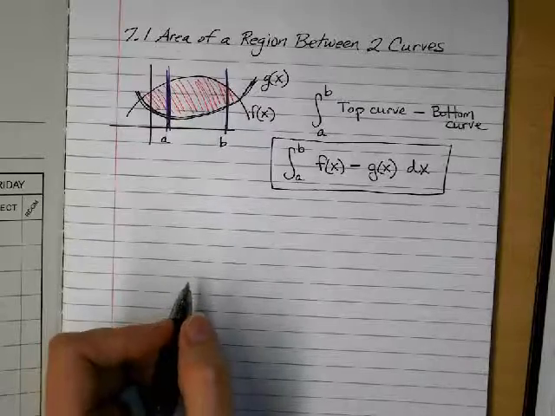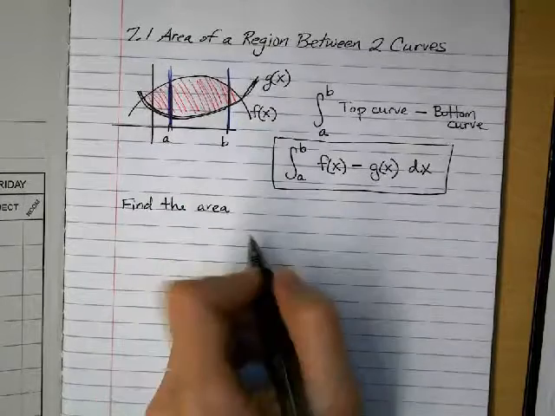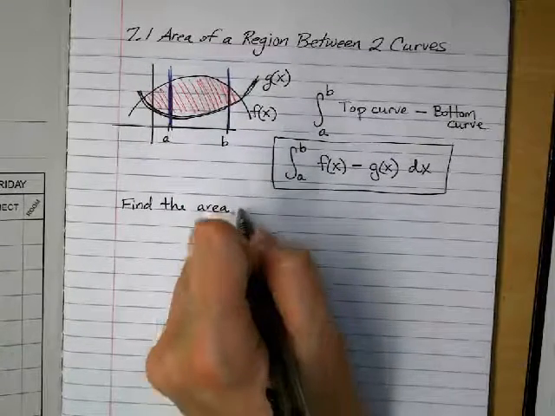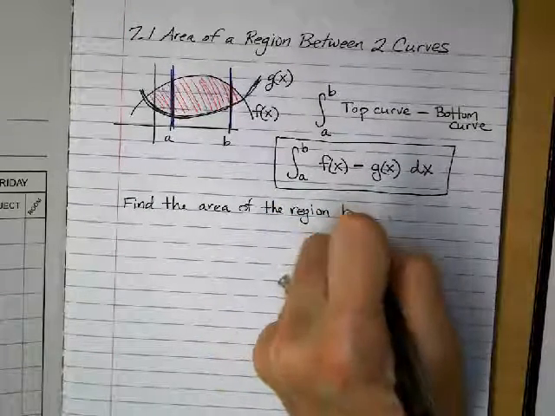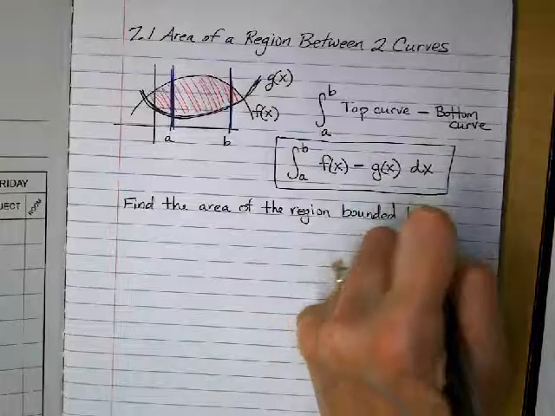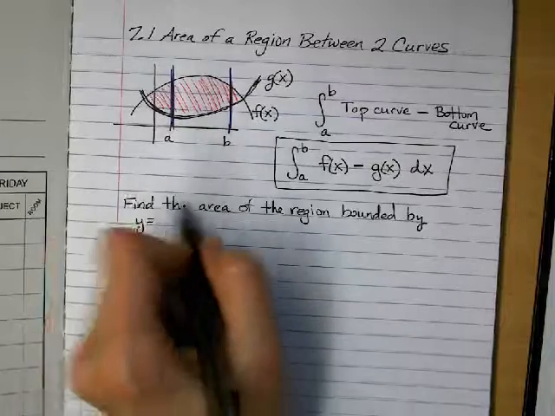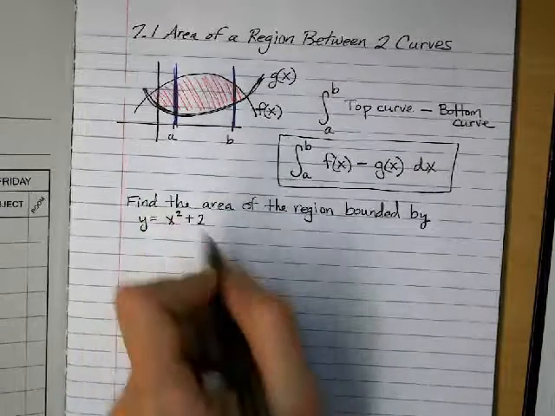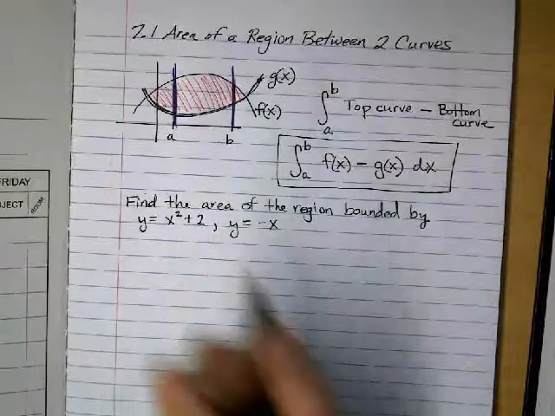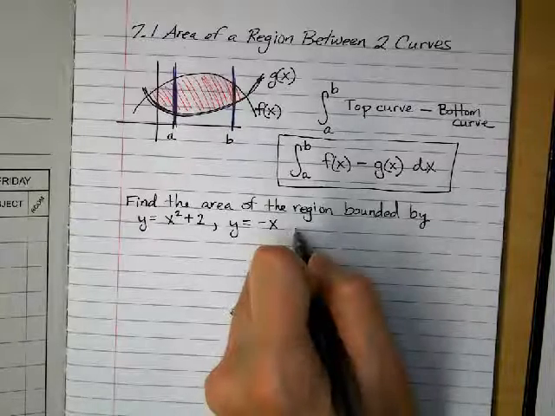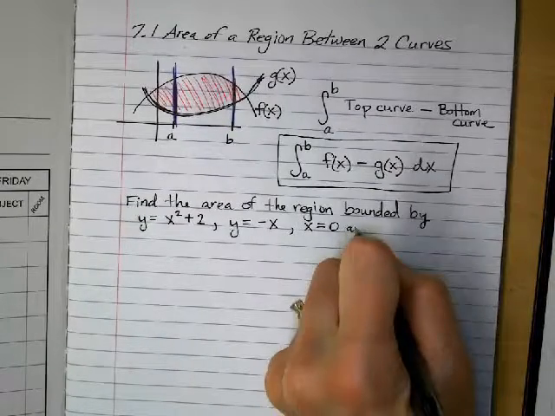Let's say they told us to find the area of the region bounded by y equals x squared plus 2 and y equals negative x, and then they put x equals 0 and x equals 1.